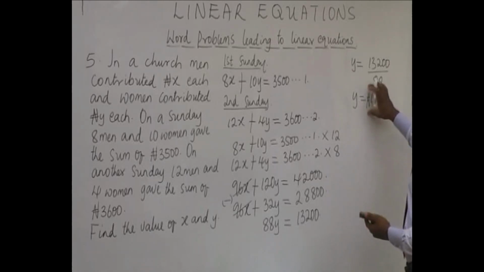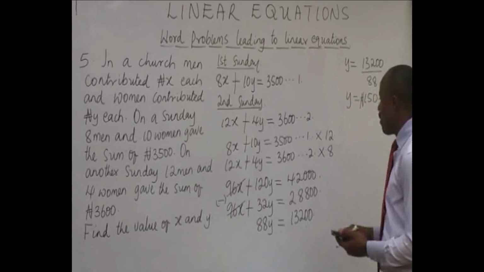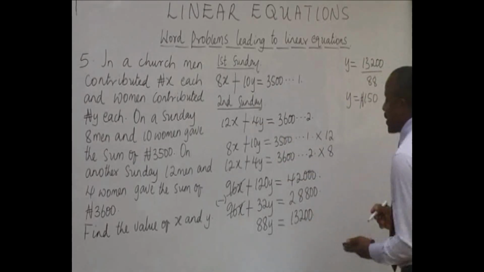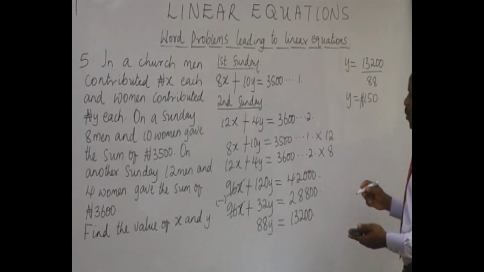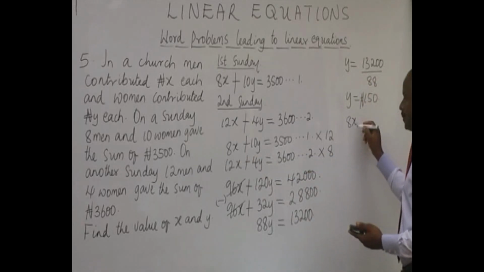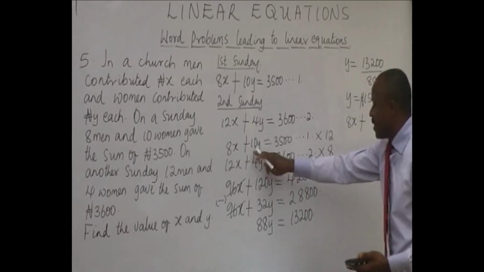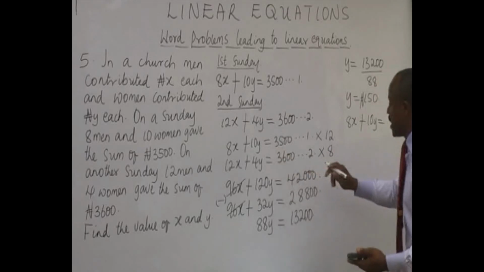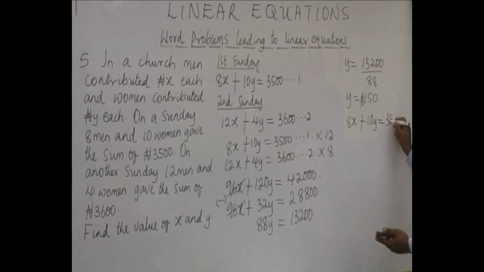Now that we have discovered the value of y, let's substitute it to find the value of x. Let's take equation 1. Equation 1 is 8x plus 10y is equal to 3,500. We have found our y to be 150.